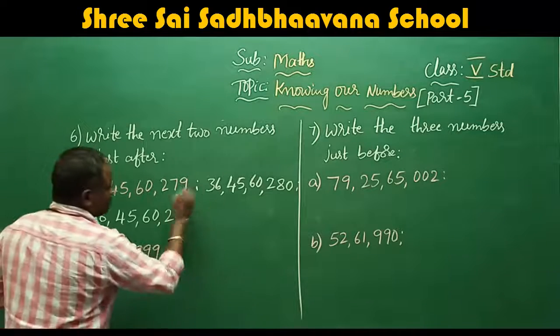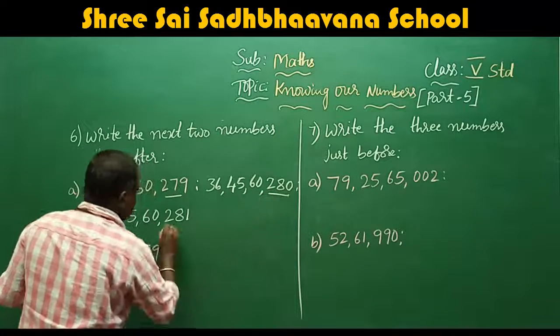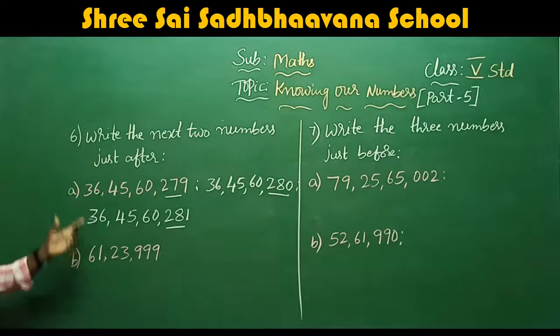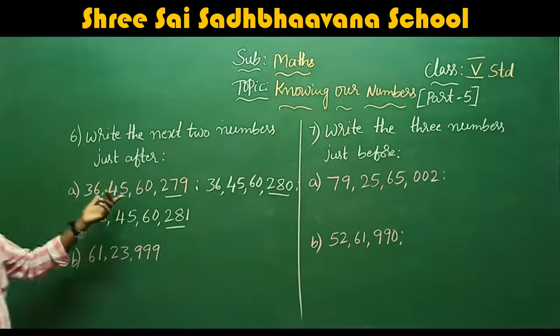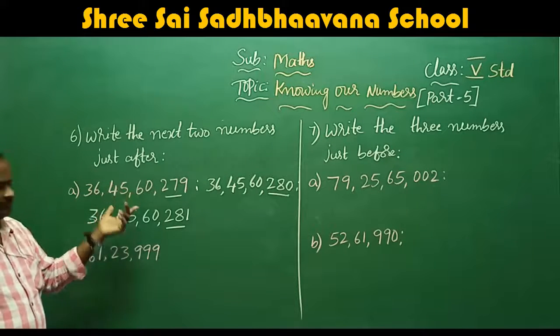So here 279, 280, 281. These are the next two numbers just after this number.